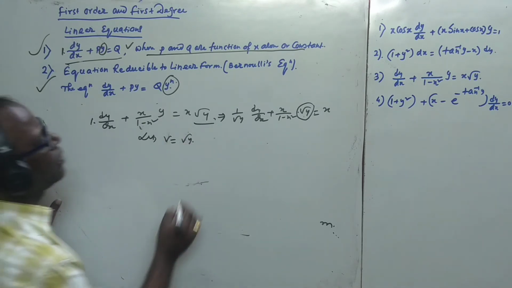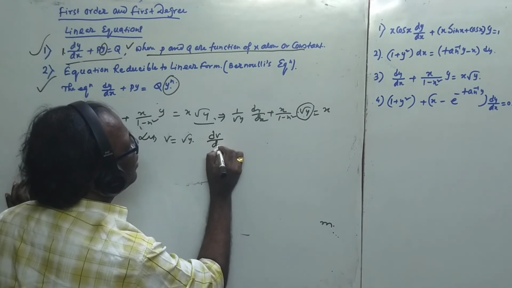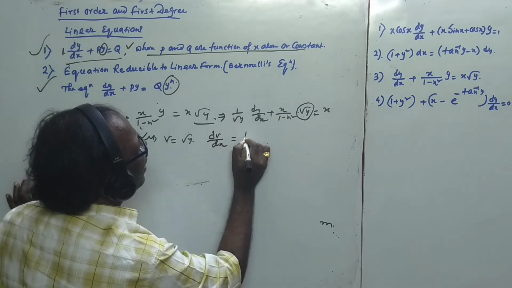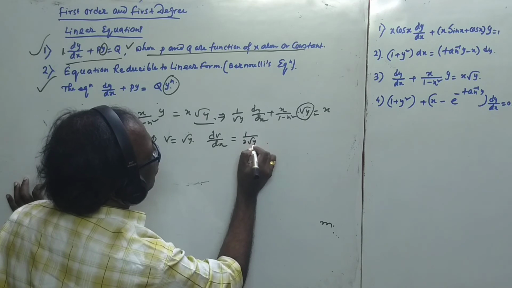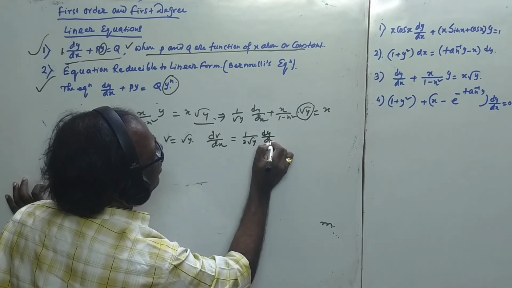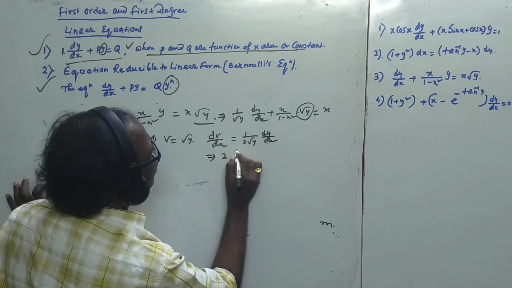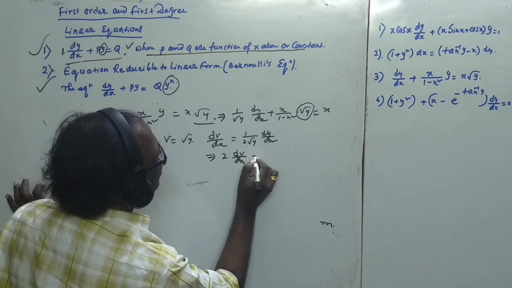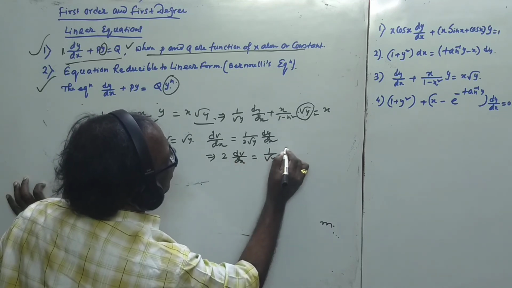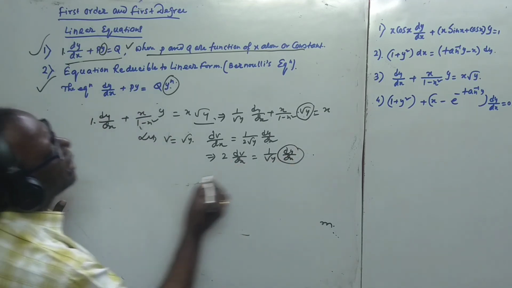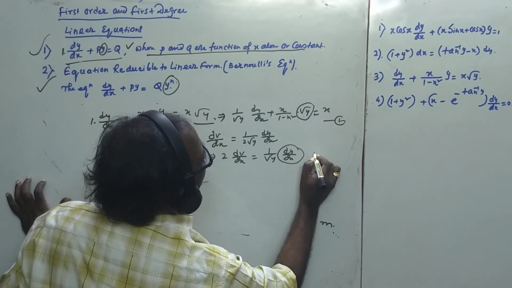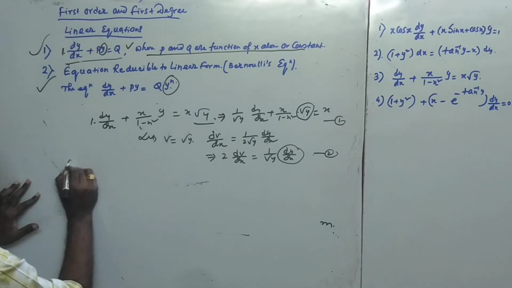Now dv/dx equals half of 1 by root y dy/dx, so 2 dv/dx equals 1 by root y dy/dx. This is equation 1 and this is equation 2.